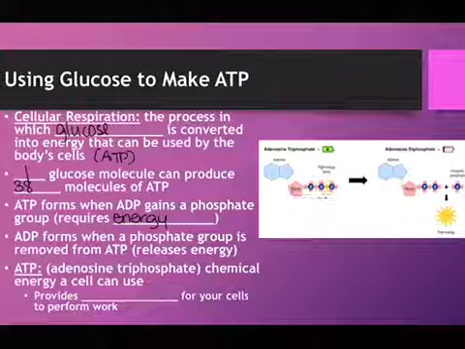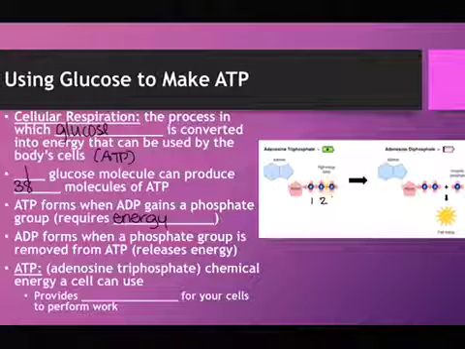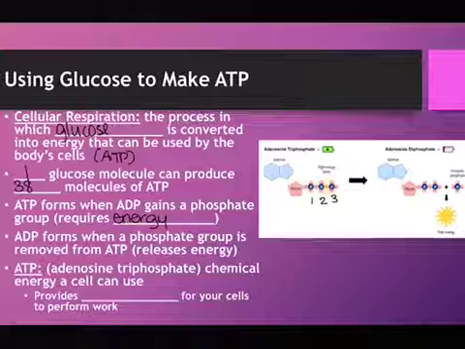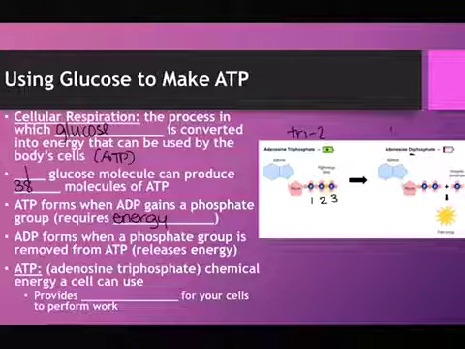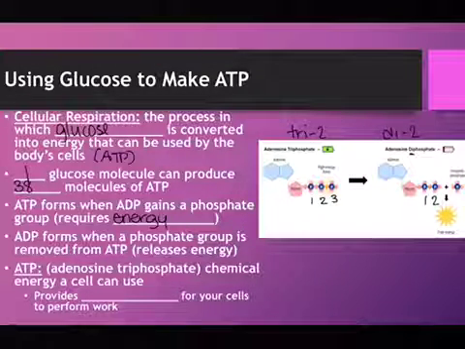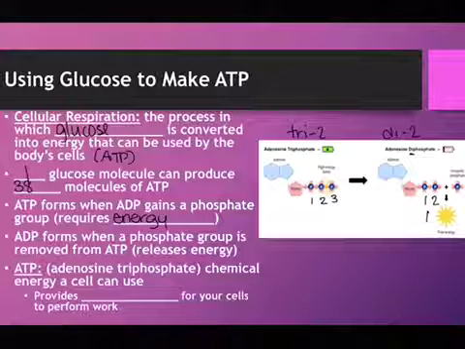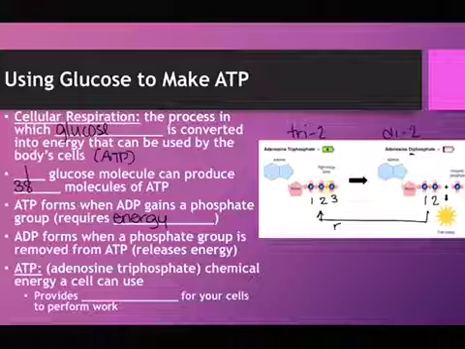ATP, the T or triphosphate indicates that there are 3 phosphate groups. ADP is for diphosphate, which only has 2 phosphate groups on it, 1 and 2. And so the process of going from ADP to ATP requires energy.